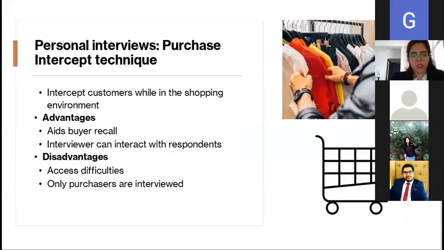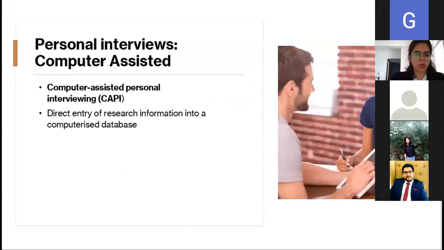Okay. So then there is the purchase intercept technique. You can go through this in detail later. When a respondent is shopping, at that time you are interviewing them, or it can be computer assisted personal interviewing. That is CAPI, which is the most used way these days.